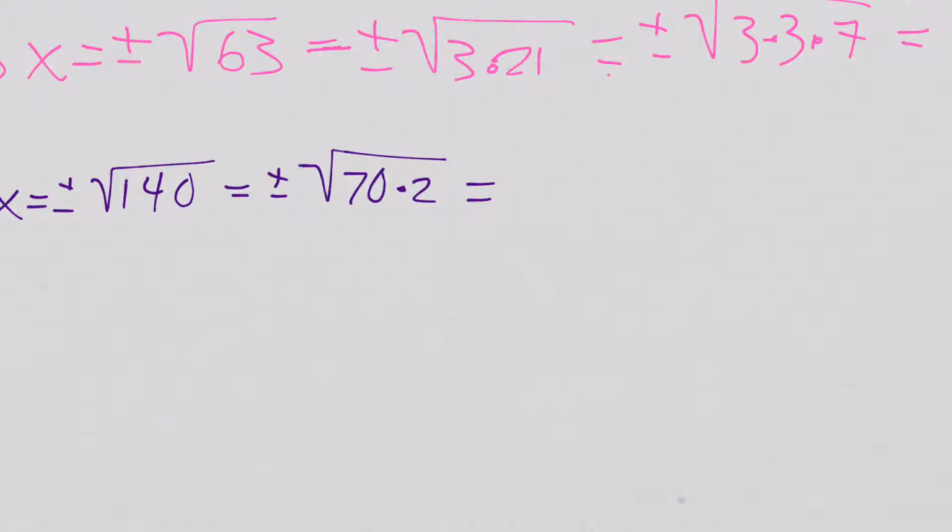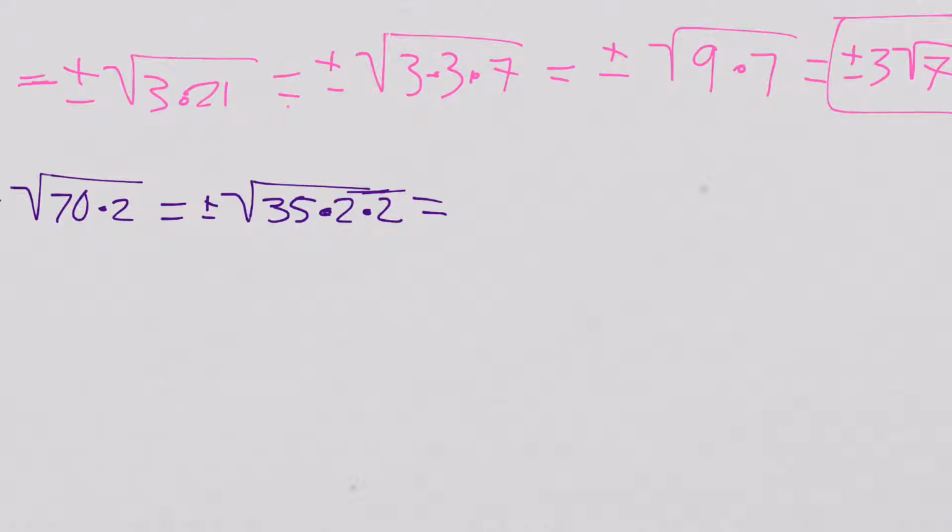Keep going, divide that by 2 as well. x equals plus or minus the square root of 70 is 35 times 2. And then I still have that times 2. So there we have that, which means since I have a 2 times 2, I could pull that 2 out. So I have plus or minus 2 root 35.